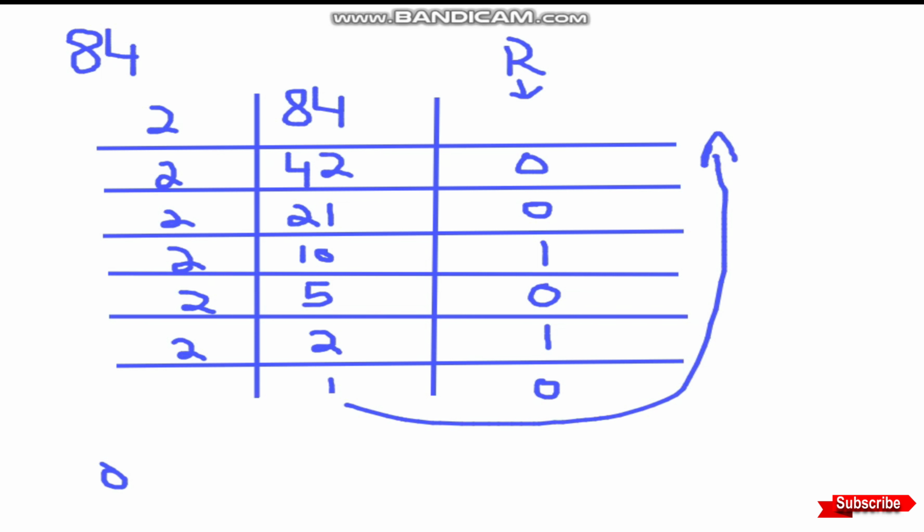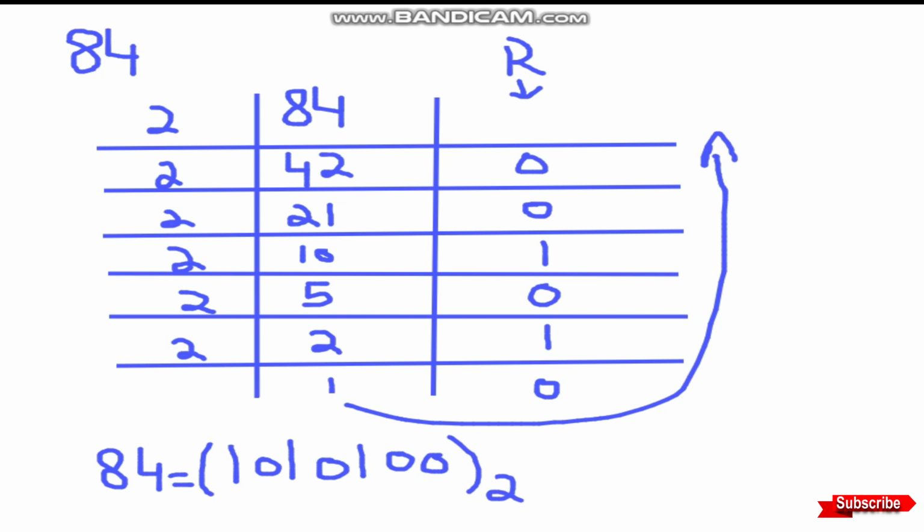So our answer is going to be 84 is equal to 1 0 1 0 1 0 0 base 2. So this is the first method.